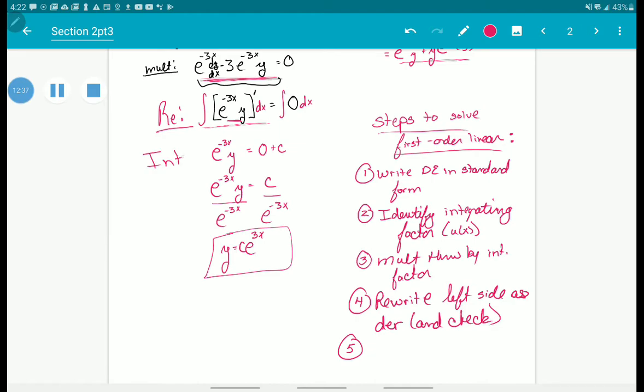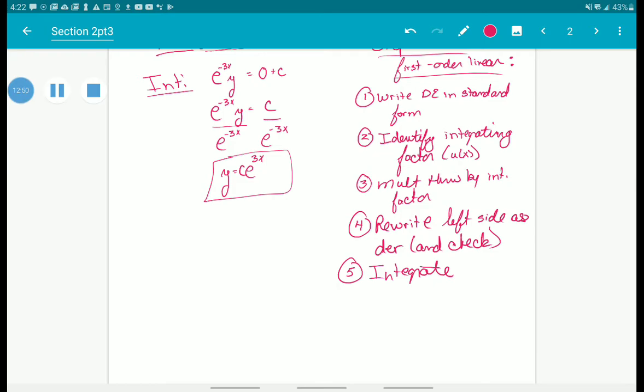And that's what we did in this step. And then if it's possible to solve for y, then we can write this explicitly. If not, then that's fine too.